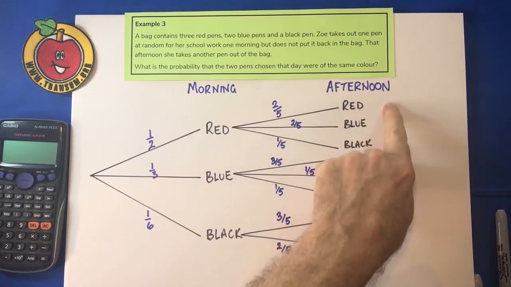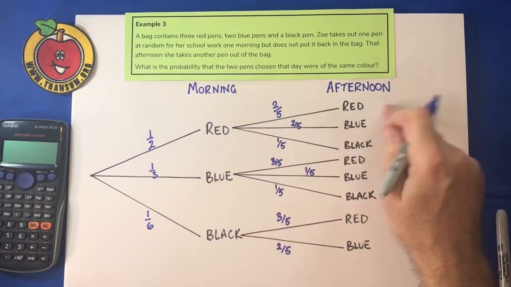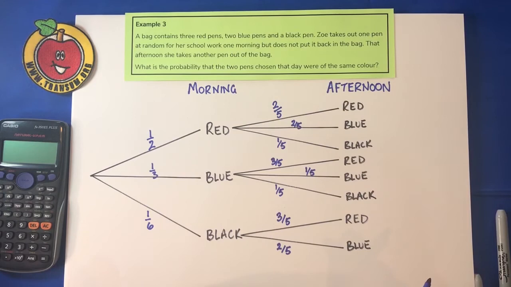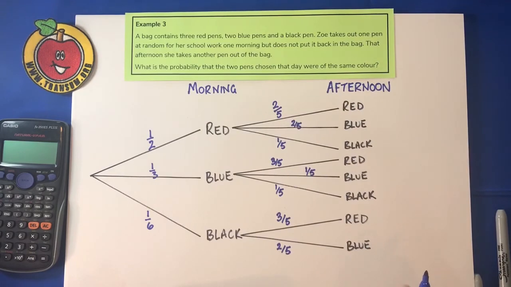Now we have to work out the probabilities of 2 events occurring over here. Now we don't need to do them all. We only need to do the ones that are going to contribute towards our answer. And the question said, what is the probability that the 2 pens chosen that day were of the same colour? So, which branches of the tree represent 2 pens of the same colour?